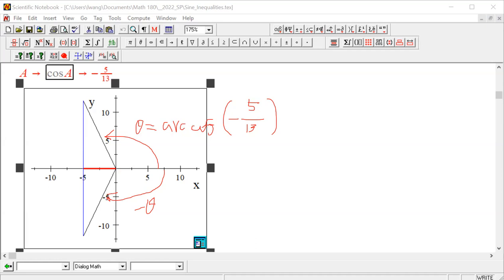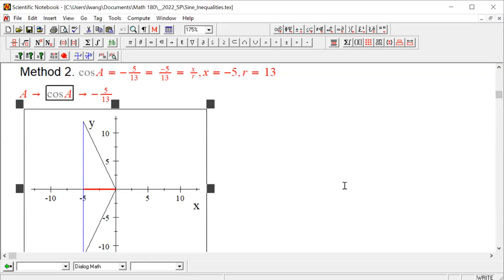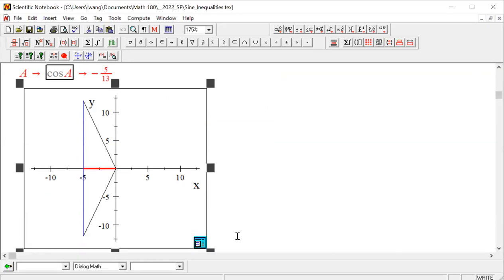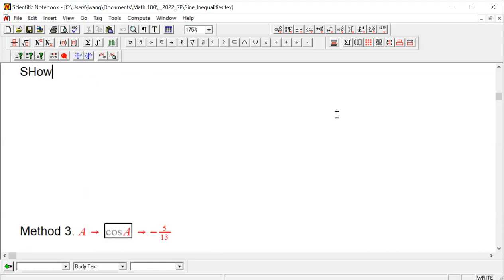So now without further ado, clean it up. You draw this picture, you mark this theta. Here we go. You can say and show work. I'm just going to write down how to show work.